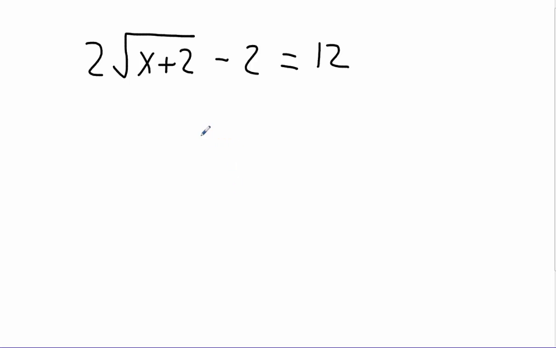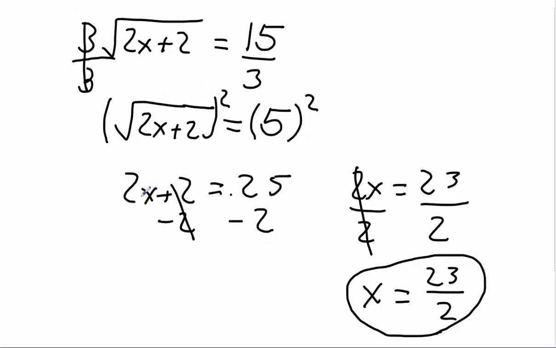So we have 2 times the square root of x plus 2 minus 2 equals 12. Again, we want to get the radical isolated on the left all by itself. Just like when we were solving for x in the last part, where we had 2x plus 2 equals 25, we need to get rid of this minus 2 first.